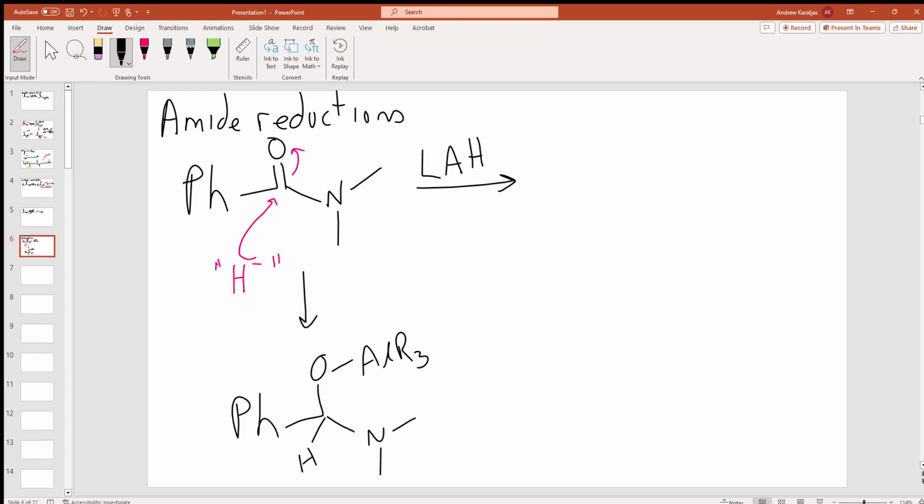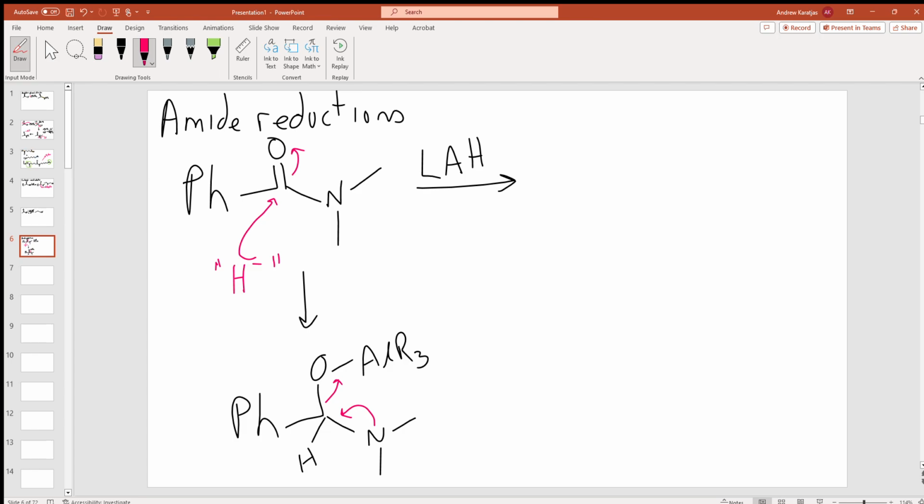What's very different about this mechanism from a lot of the other acyl substitution mechanisms is that our next step is to have the nitrogen add its lone pair in and completely kick out the oxygen that was our carbonyl. If you think back to a lot of acyl substitution mechanisms, this is usually the point where the oxygen adds back in and kicks out the leaving group.